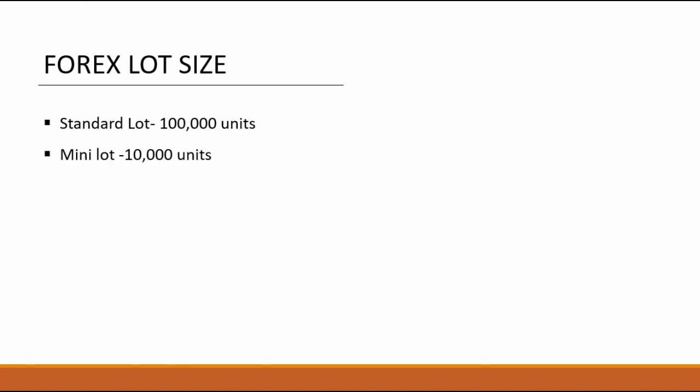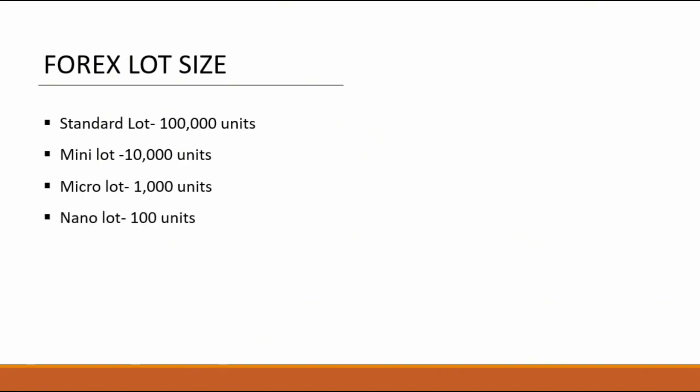Forex lot sizes. Moving on, we have different lot sizes in the package. Number one, we have the standard lot size, which is 100,000 units. We also have the mini lot size, which is 10,000 units, followed by the micro lot, which is 1,000 units.